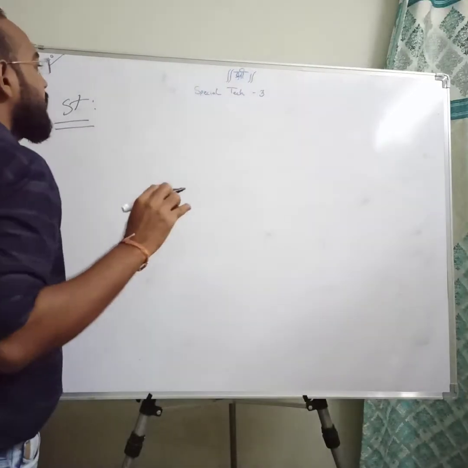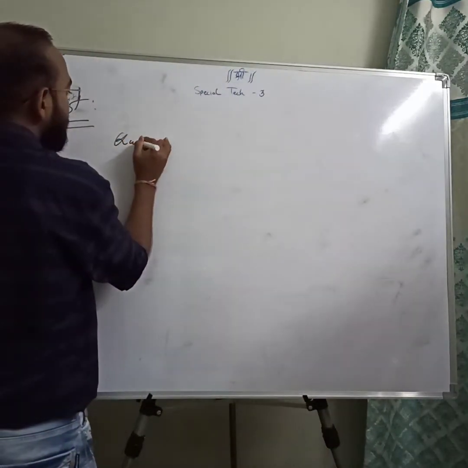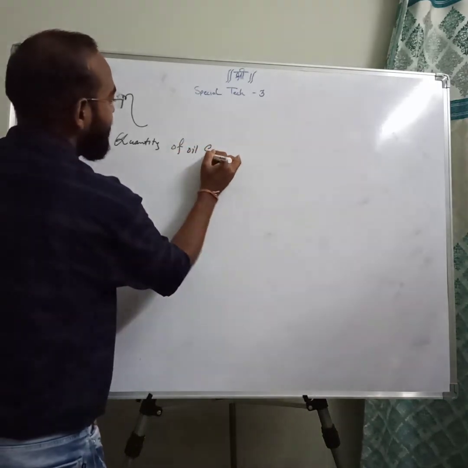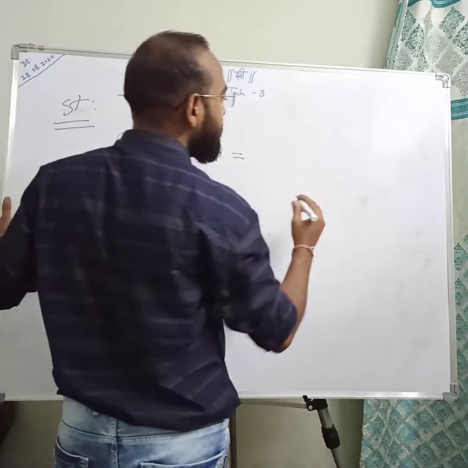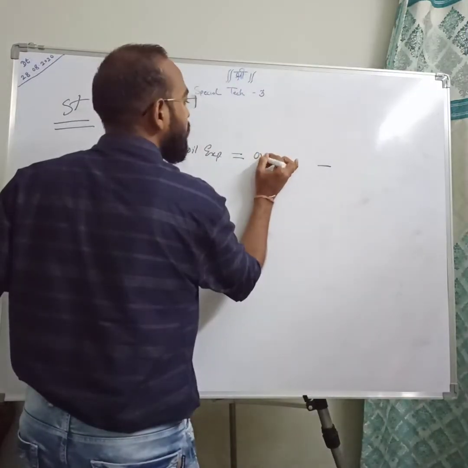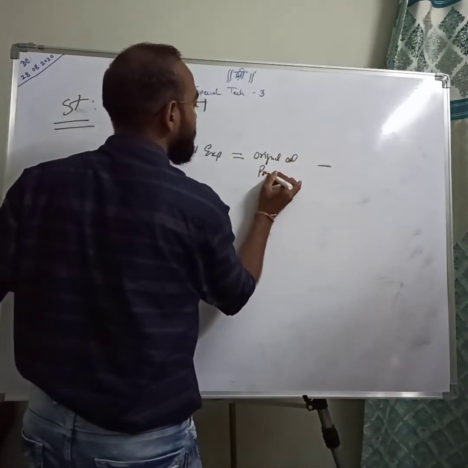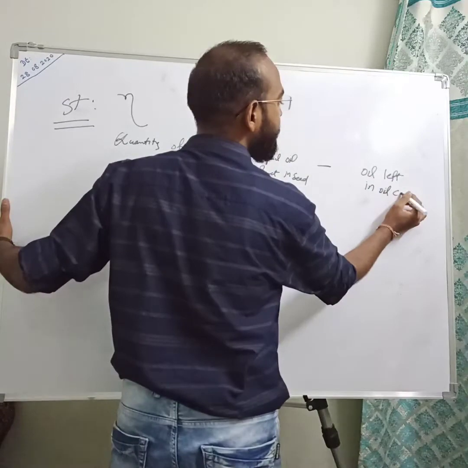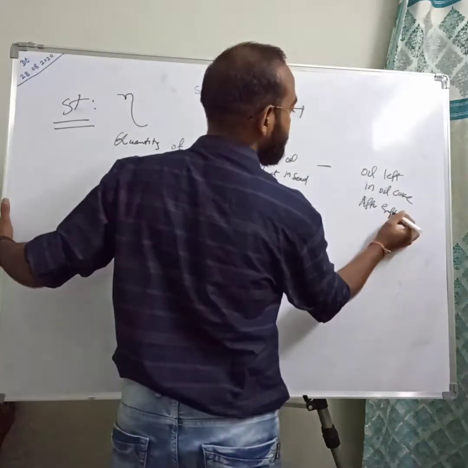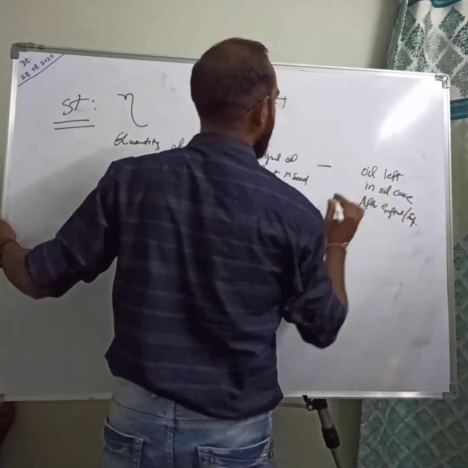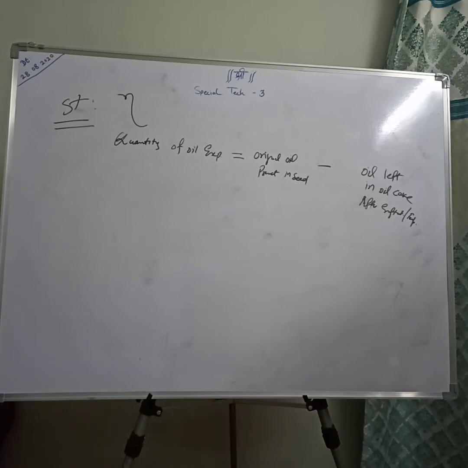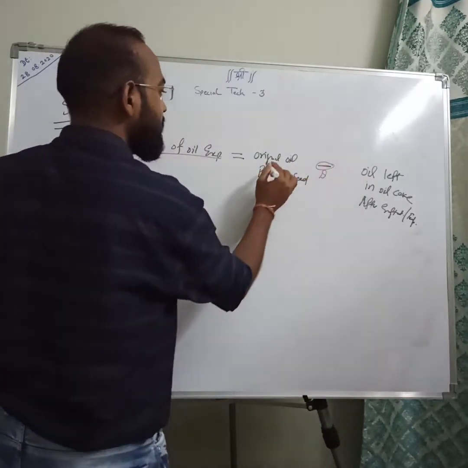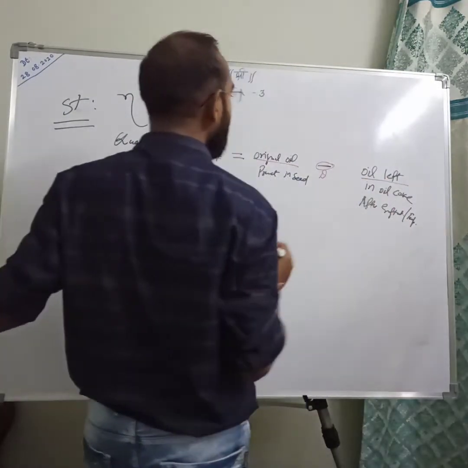The total quantity of oil obtained, we are focusing on efficiency, the total quantity of oil extracted or expelled out is the difference between the original oil present in the seed and the oil left in the oil cake after extraction or expression.